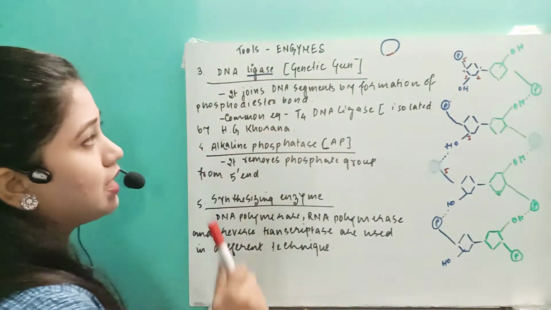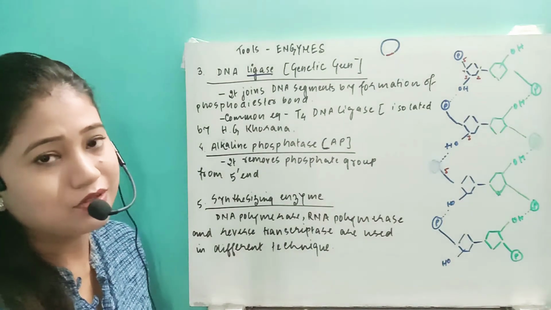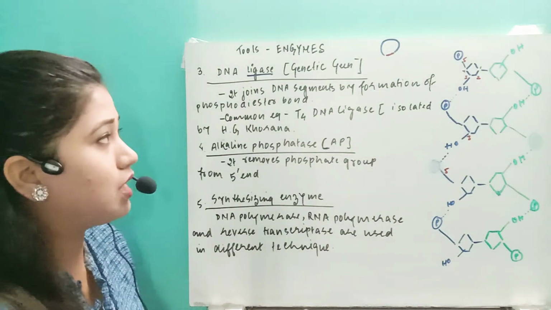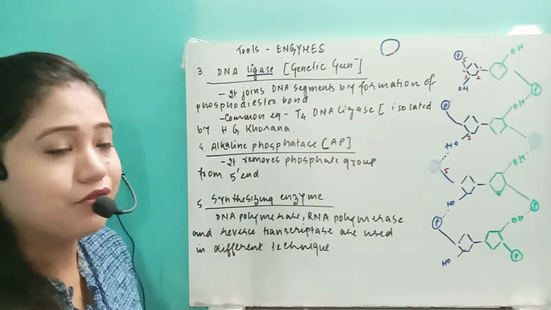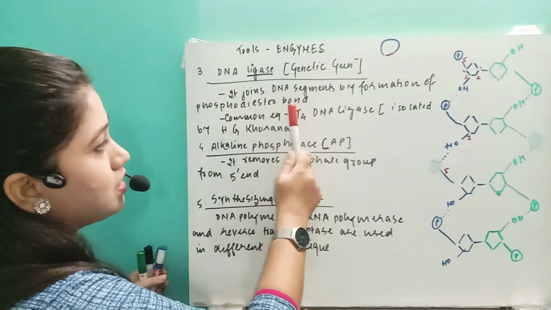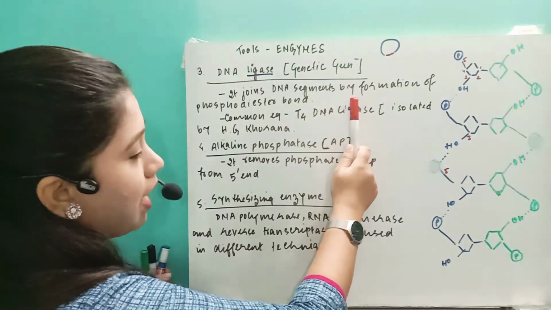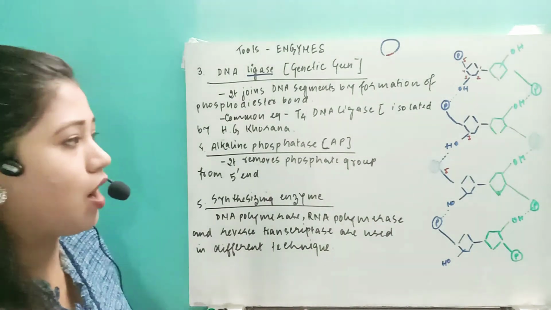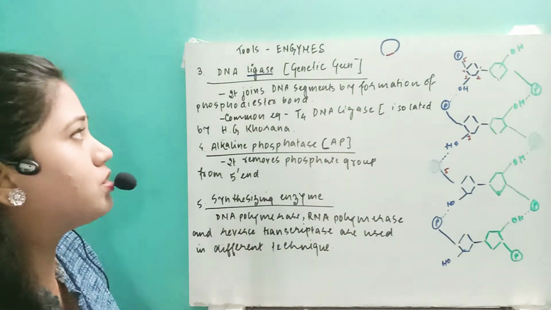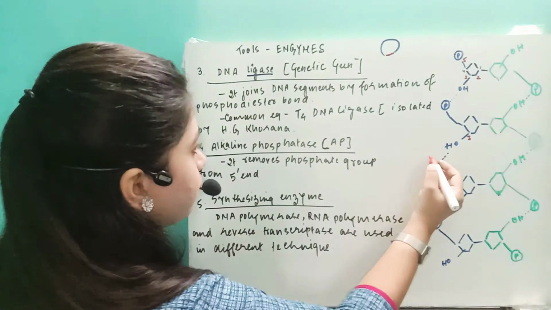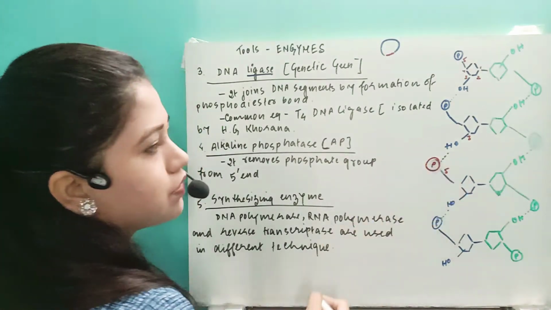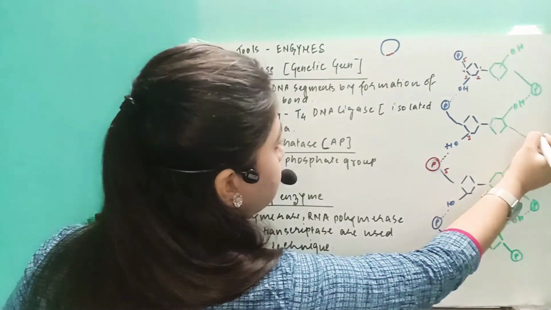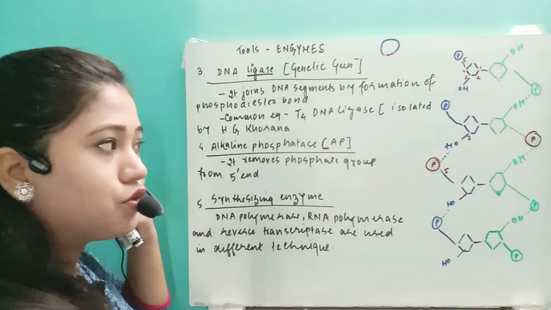So what is the DNA ligase? This is also known as genetic gum. Remember, it is going to join the DNA fragments. It joins the DNA segments by formation of the phosphodiester bond. So how will the phosphodiester bond be formed? It will add the phosphate here and it will add the phosphate here, in the two strands.